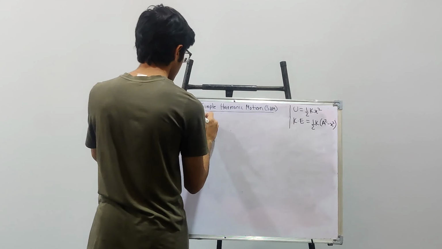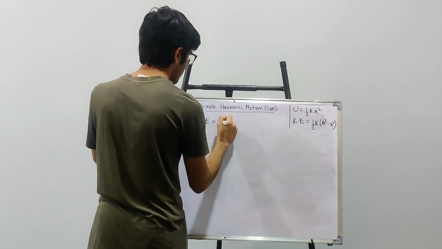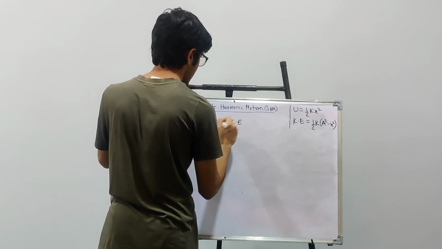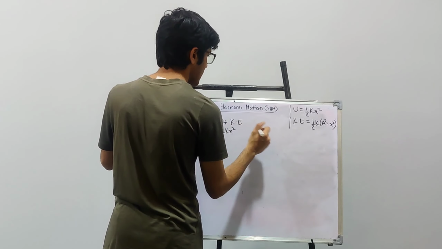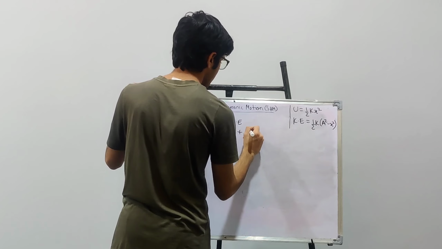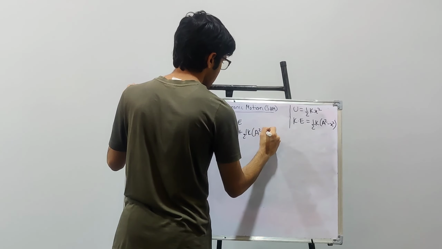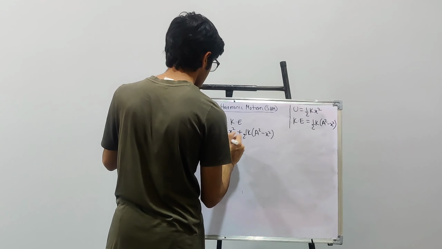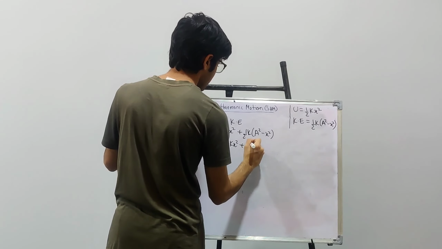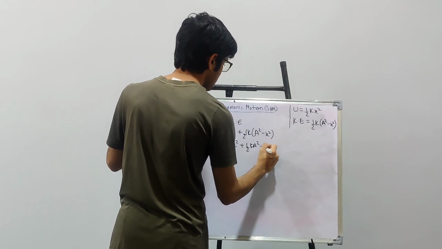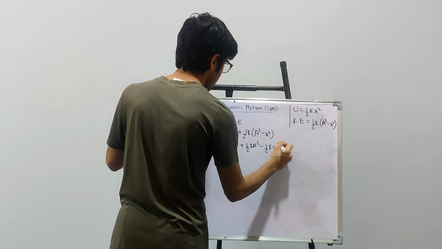So total energy is nothing but the sum of the potential energy and the kinetic energy. Potential energy is half k x square and kinetic energy is half k a square minus x square. This is half k x square plus half k a square minus half k x square.